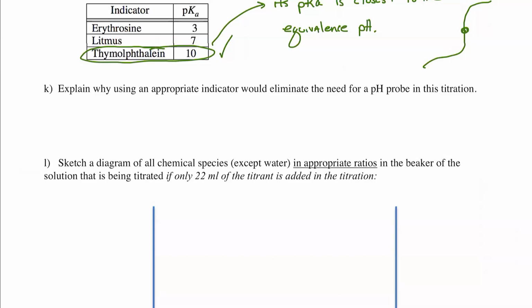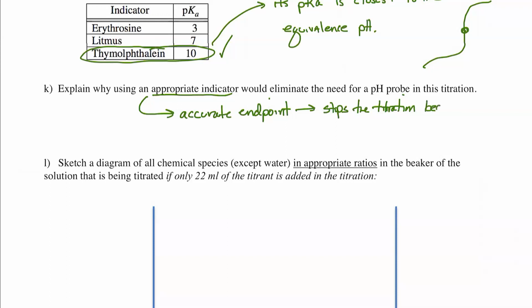Concentration. What do we need? We need the appropriate indicator to give us an accurate endpoint which stops the titration. Okay, endpoint, which is a color change. You stop the titration when that color change occurs, if you have an appropriate indicator that we just picked. Because it what?